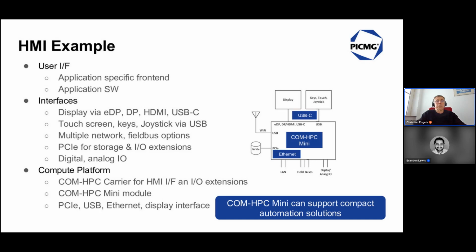So there's typically PCI Express, network connections, USB interfaces, and display interfaces available, and those can be routed down to the carrier, and then they are appropriately adapted to the application. For example, USB-C is not falling out of the module itself. It's basically USB 3 or 4, but on the carrier you convert it into a USB Type-C interface in order to connect it to the outside world.